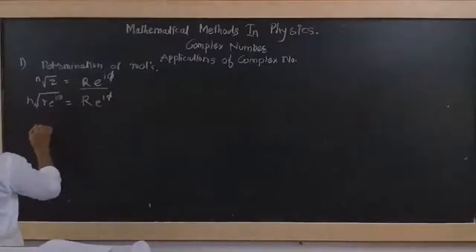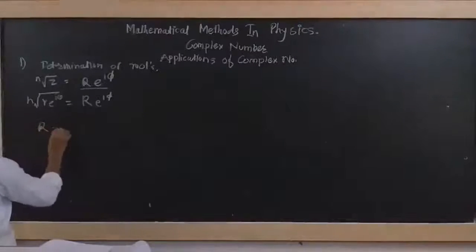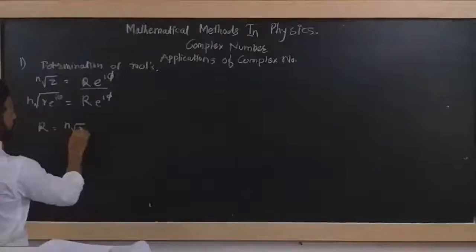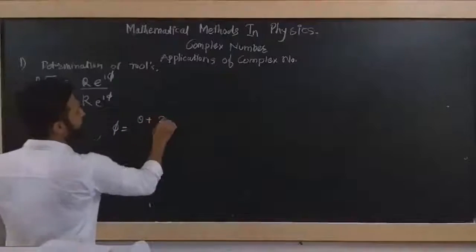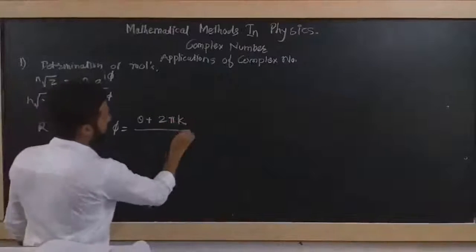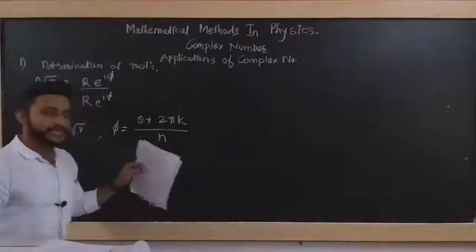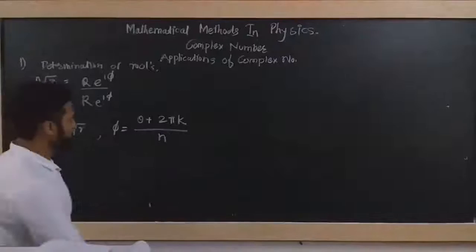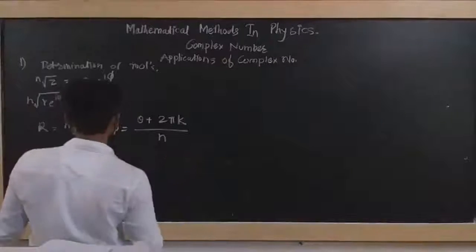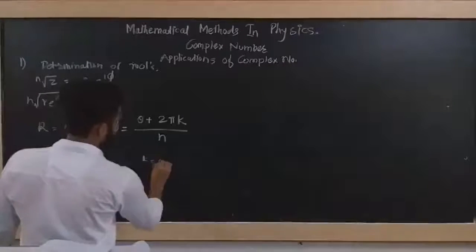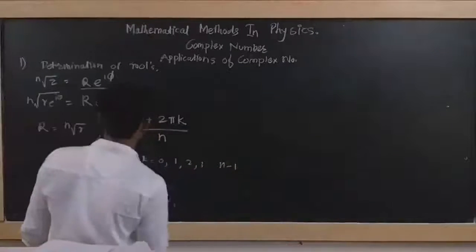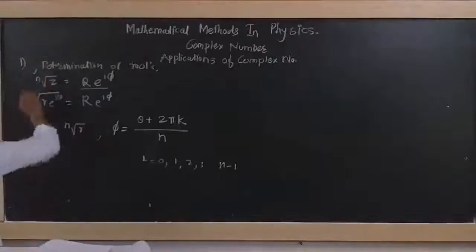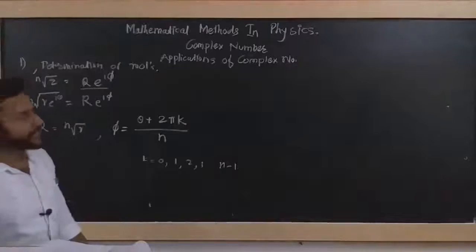If you compare, we know how to find capital R, the nth root of r, and phi is equal to theta plus 2 pi k upon n. We already discussed this in the earlier lecture. For k is equal to 0, 1, 2, 3 up to n minus 1, where n is the root of the complex number.